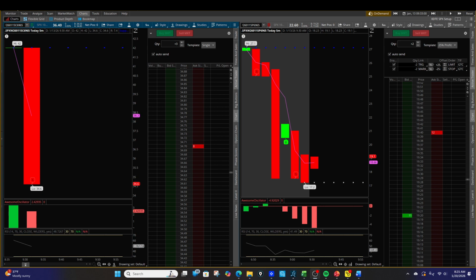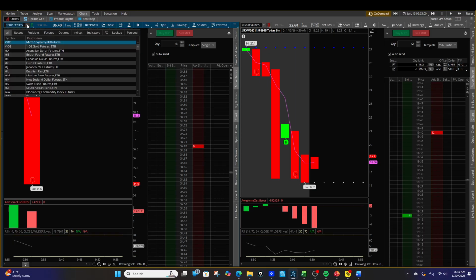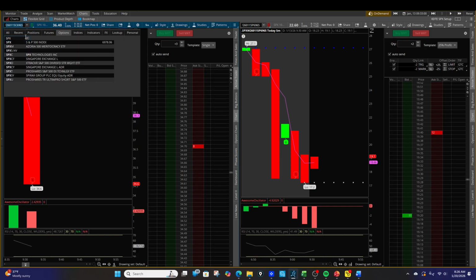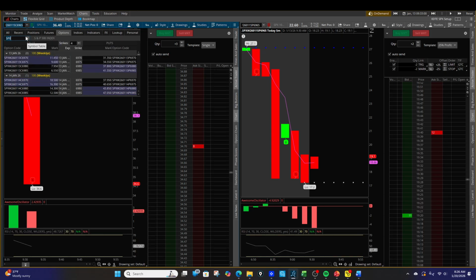The very first thing that I do is I come over to the symbol table that's at the upper left-hand corner, and I click Options, and then I type in the box SPX. Press Enter.